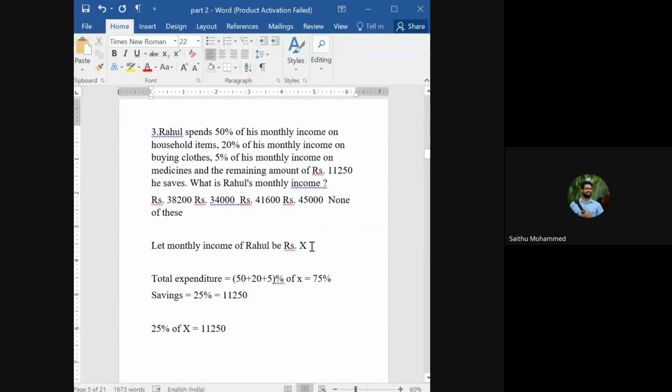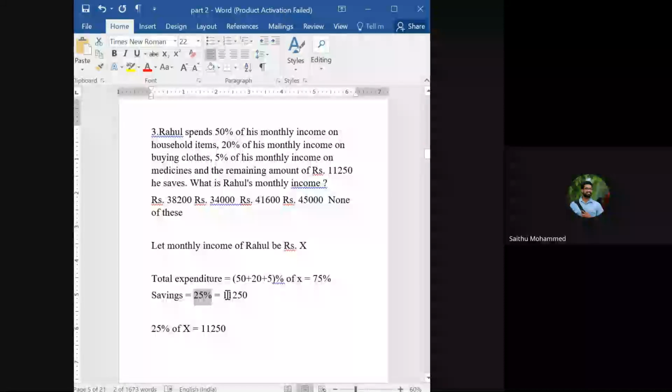See, the total amount or 100% is rupees X, and we know that out of that 100%, 25% is his savings. That means that 25% which we are saying of savings is 11,250.